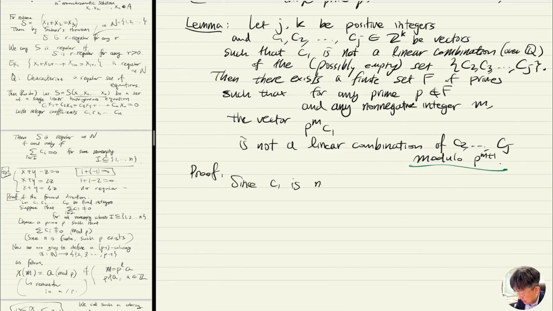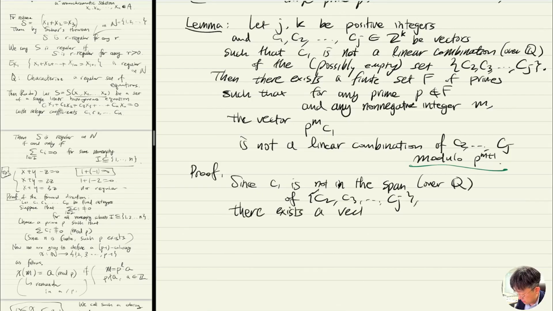Since C1 is not in the span over Q of C2, C3, up to Cj, there exists a vector u in Q to the k such that u is orthogonal to all of them.